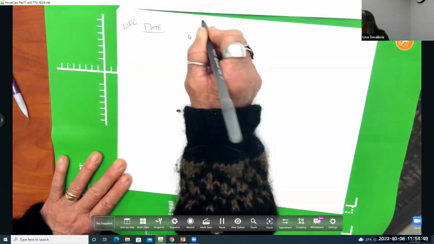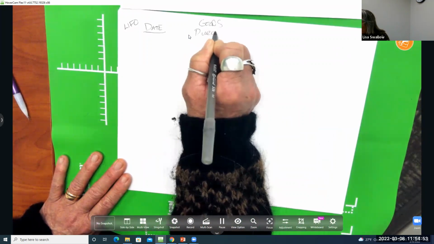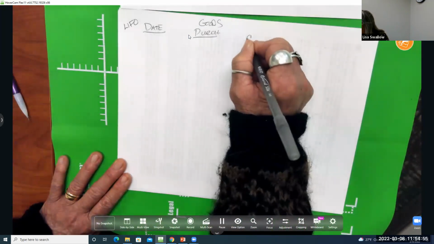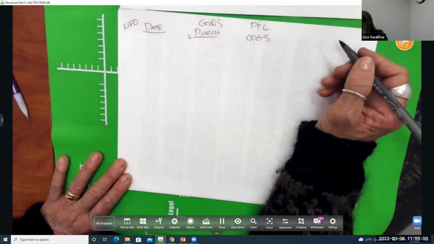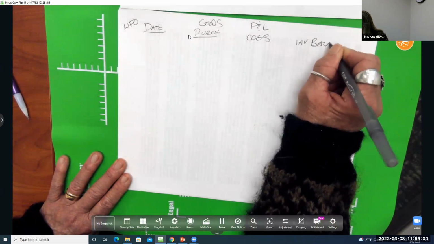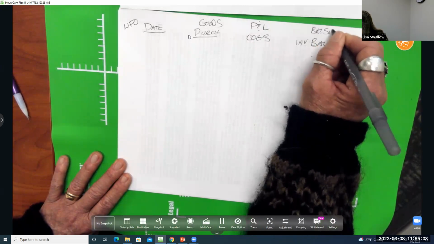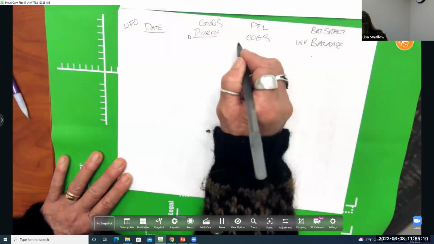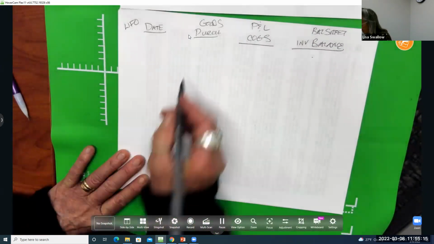Goods purchased, COGS goes on the P&L, and my inventory balance, which is of course the balance sheet. And go ahead and put in your beginning inventory, just like we did, 10 units at $91.